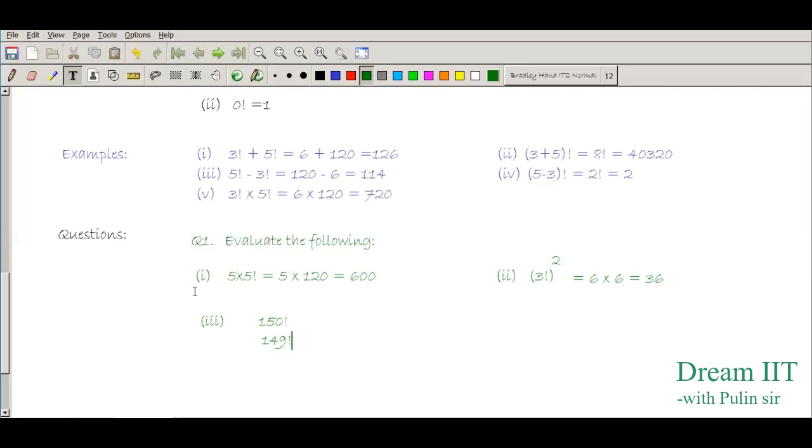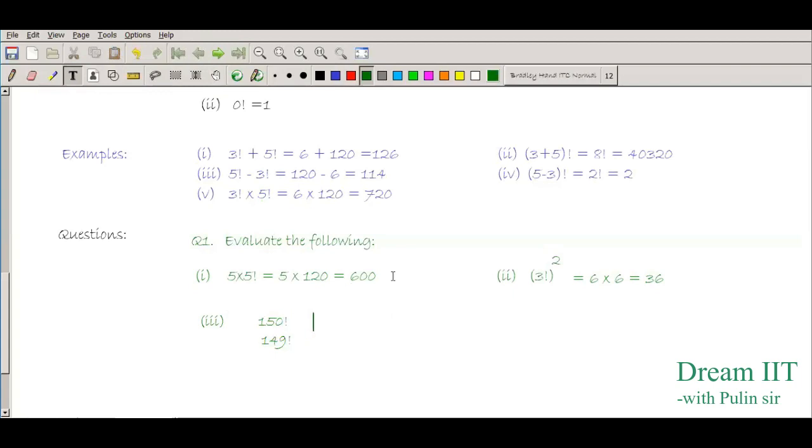Now it is very embarrassing. You see, 150 is so big, right? If I try to identify all this, don't you feel that it will be very difficult? So we write this in a very particular and peculiar way.